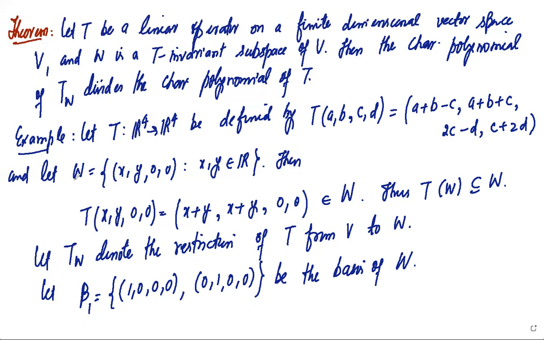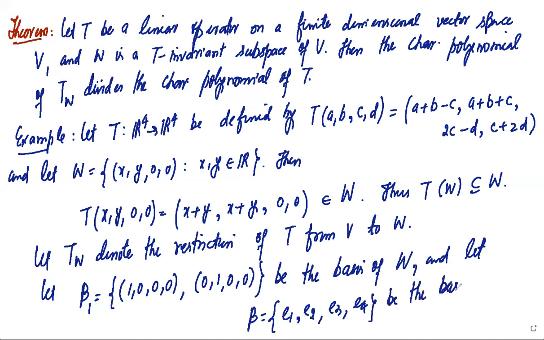Now, since W is a subspace of R4, we can extend this basis to a basis of R4, and also let beta, which is equal to E1, E2, E3, E4, be the basis of R4. In fact, E1 and E2 are these two vectors.